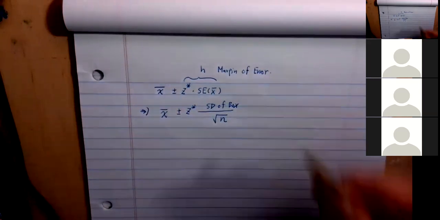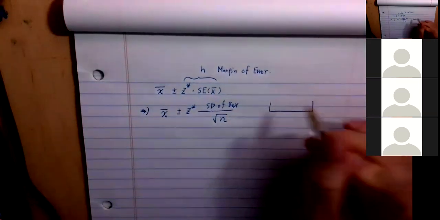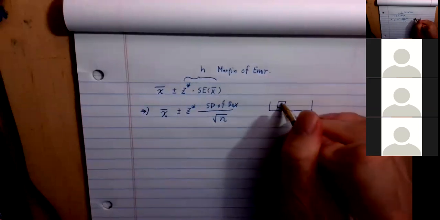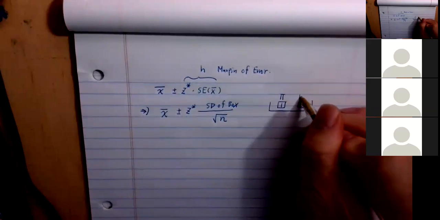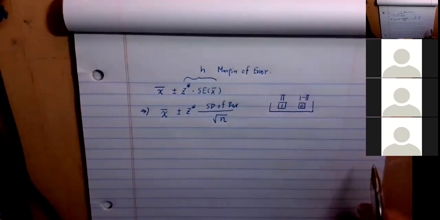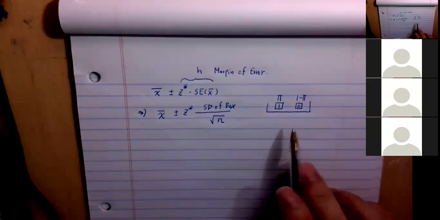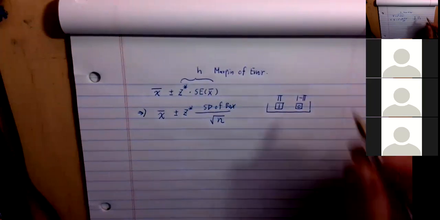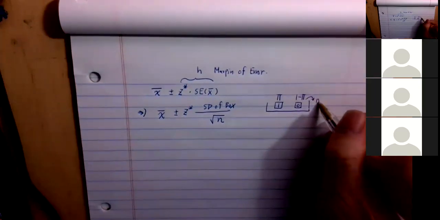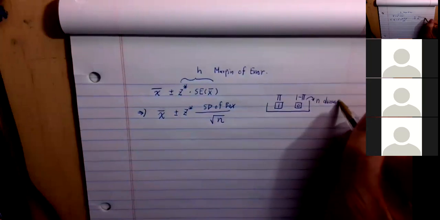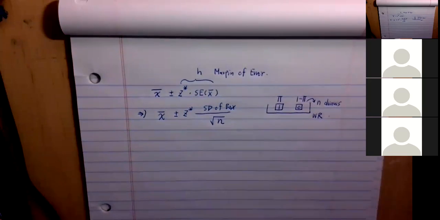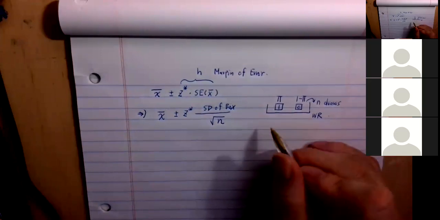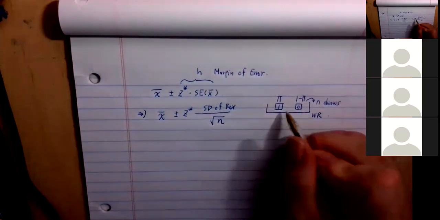And remember, what kind of box is this? This is a count box. Am I correct? This is a count box. And we make n draws with replacement. I think I covered this in my posted notes.